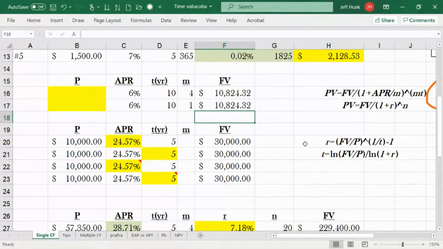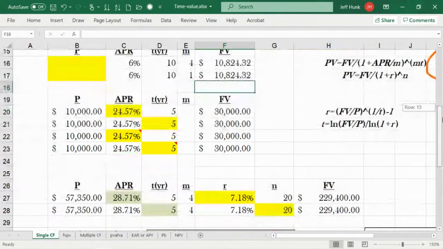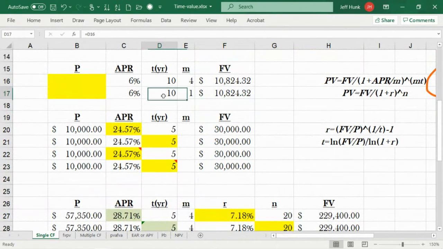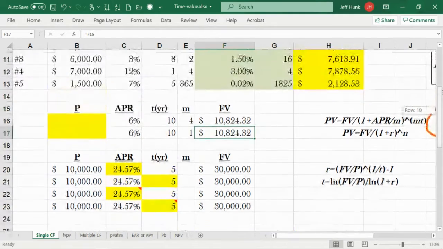Okay, so let's think about it. Ten years later, you're going to be receiving 10,824. You want to receive 10,824 ten years from now, and currently the prevailing market interest rate is 6%, and compounding is just once a year. I don't know why this one is the same as F16.